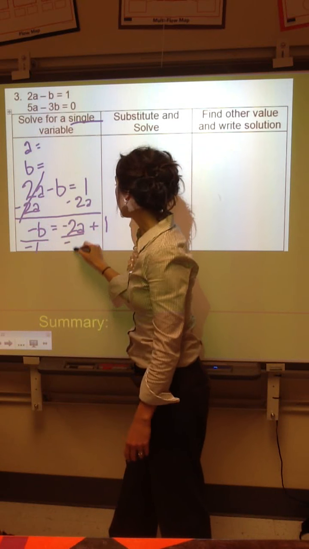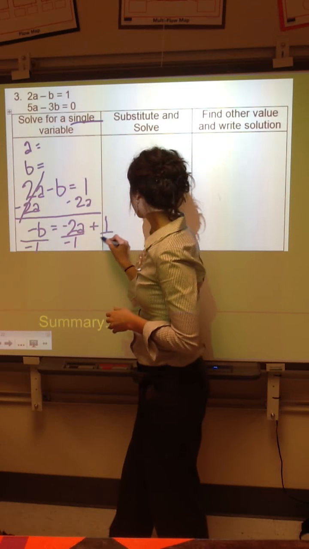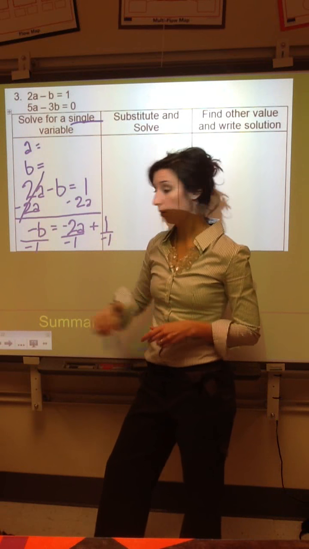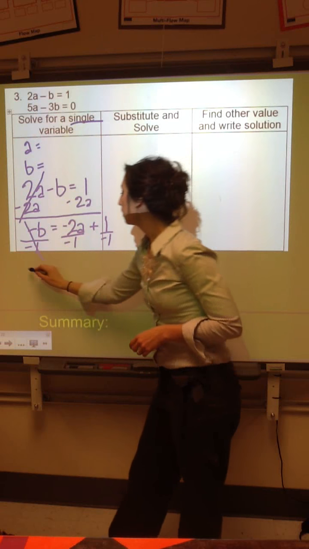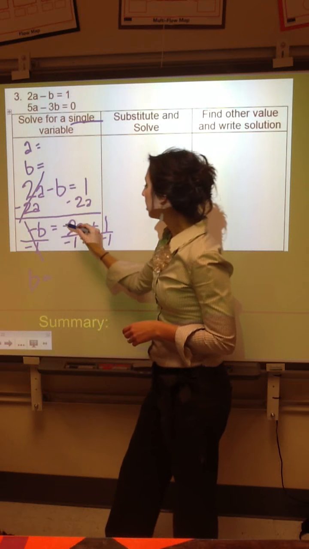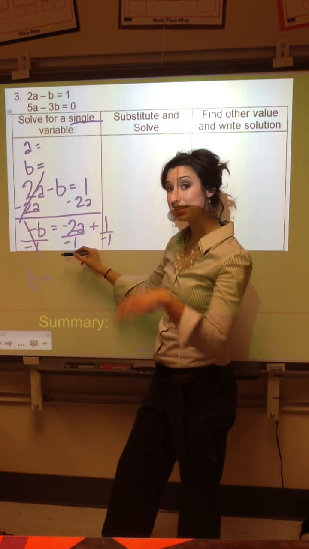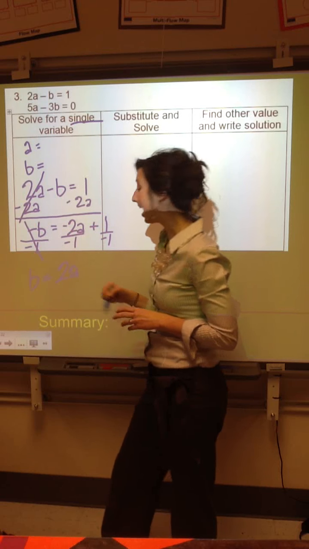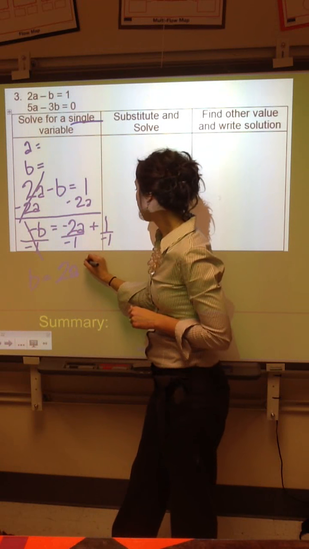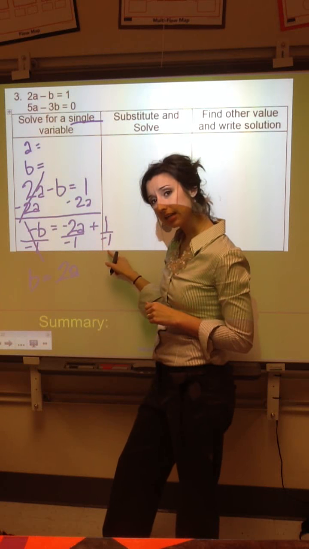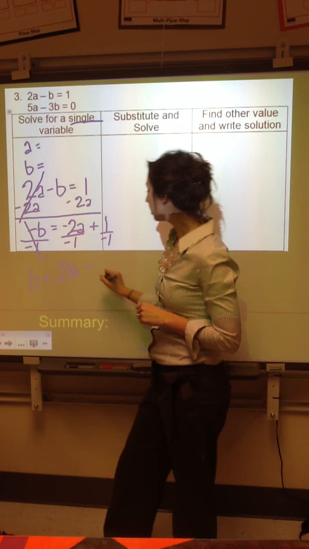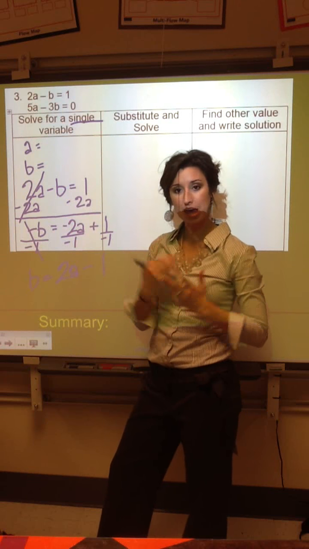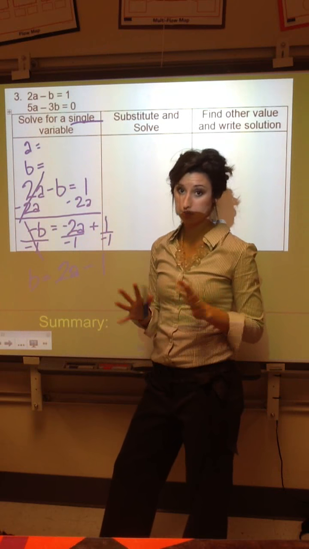So divide by -1 and divide by -1. Okay, so here we go. My negatives cancel. B equals negative divided by negative is a positive. So we have positive 2A, and then positive divided by negative is a -1. 2A minus 1. Everybody okay?